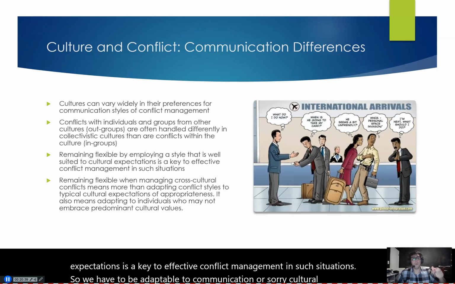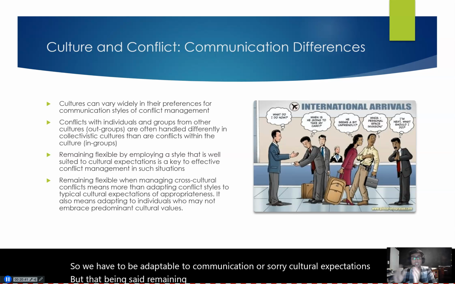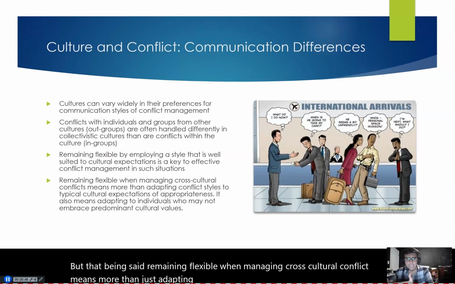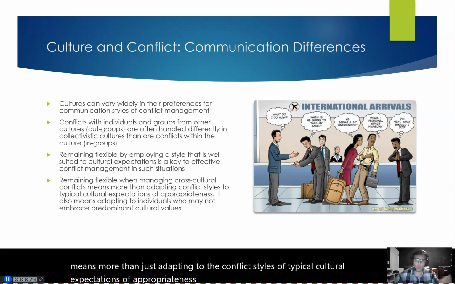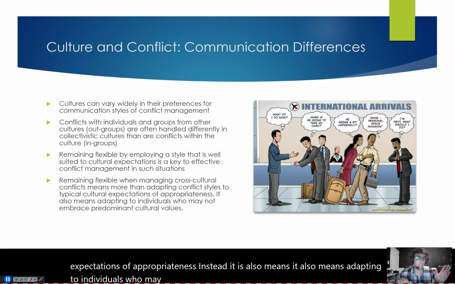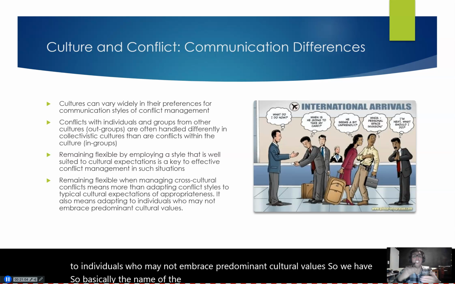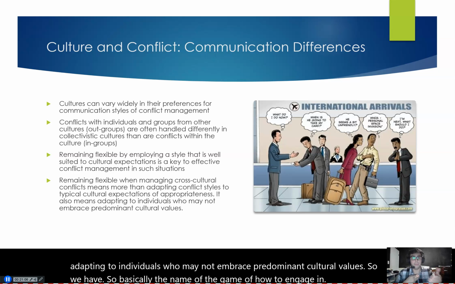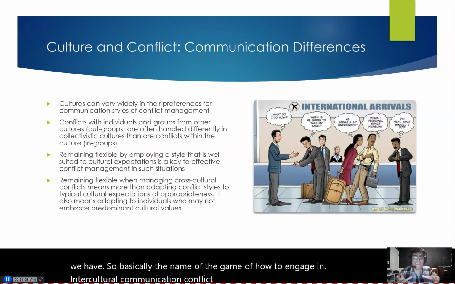But that being said, remaining flexible when managing cross-cultural conflict means more than just adapting to the conflict styles of typical cultural expectations of appropriateness. Instead, it also means adapting to individuals who may not embrace predominant cultural values. So basically the name of the game of how to engage in intercultural conflict management is to adapt often and always.